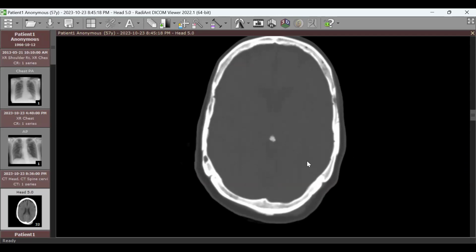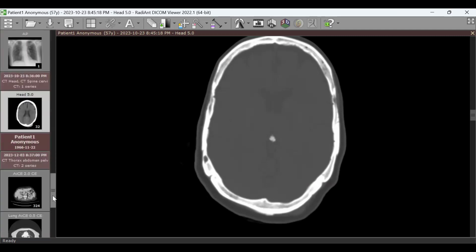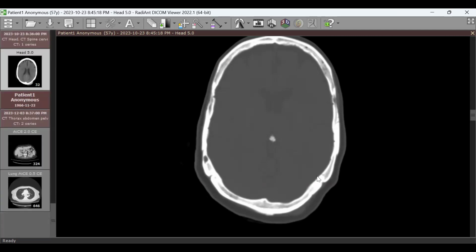What about the lung lesion? Let me remind you of the history. She had a cough for 12 months. It could be a tumor, a cancer with bone metastasis. Okay, that's good.